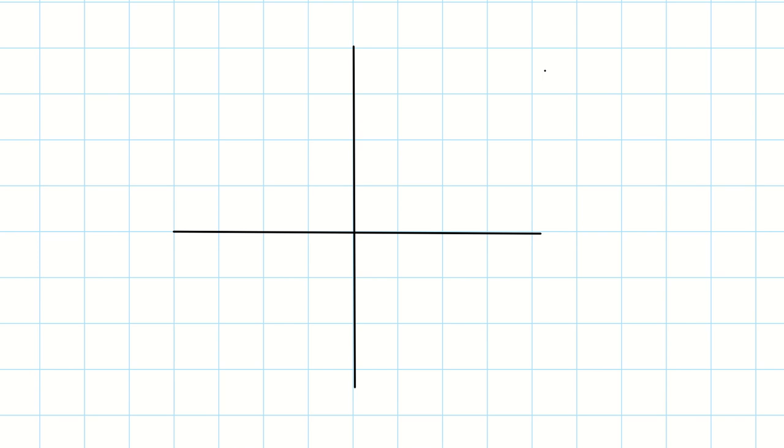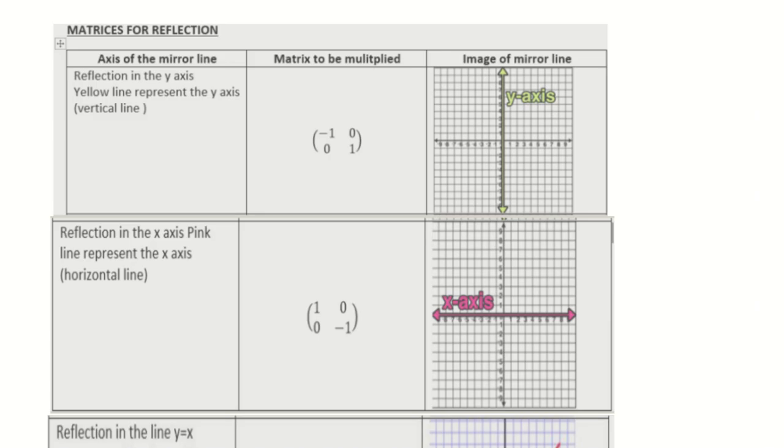The tip to remember is, first, we have a Cartesian plane. This is general knowledge: this is your y-axis, where x is equals to 0, and this is your x-axis, where y is equals to 0. Now, if you realize something, for reflection, the transformation matrices only have ones and zeros.